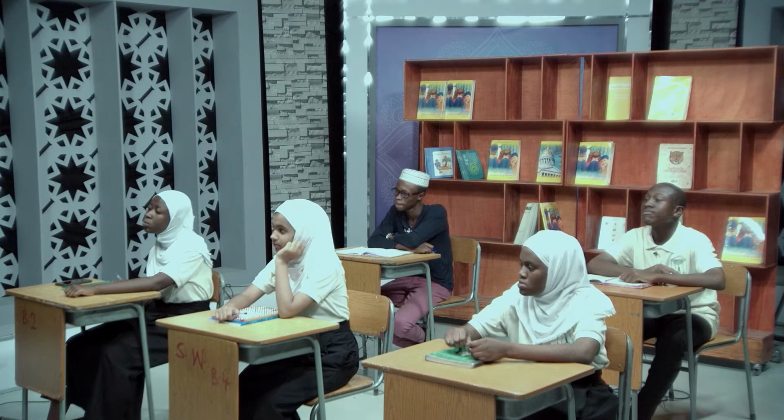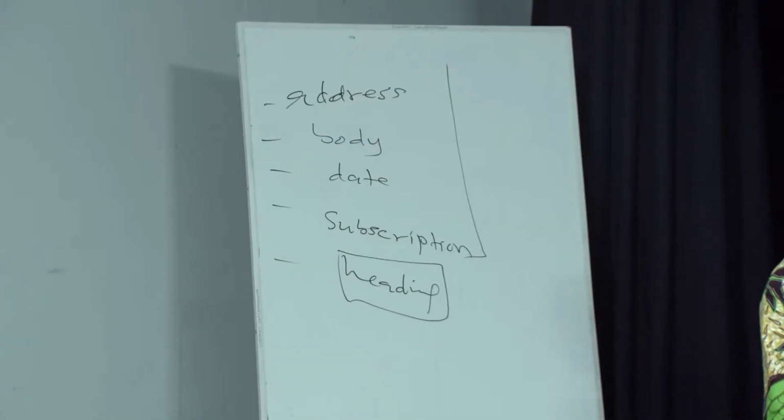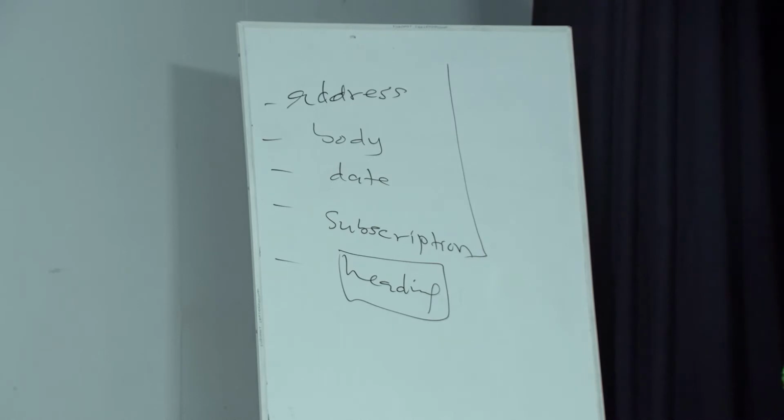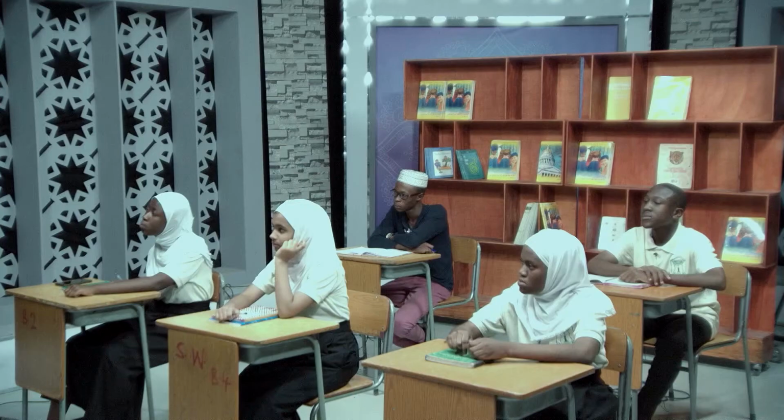Every letter, excepting heading, that some letters do not have, every letter has these parts. And they must be written correctly at their right places. So this is what we are going to do for today.